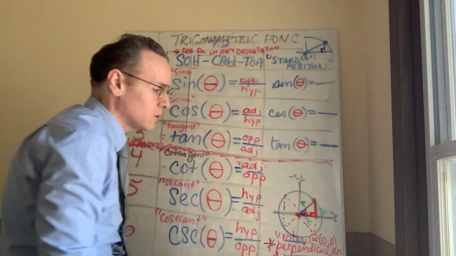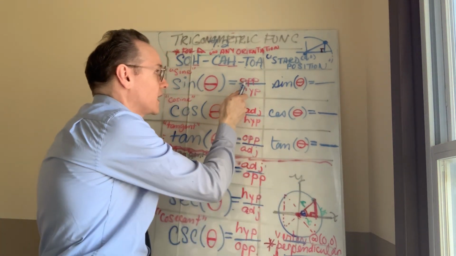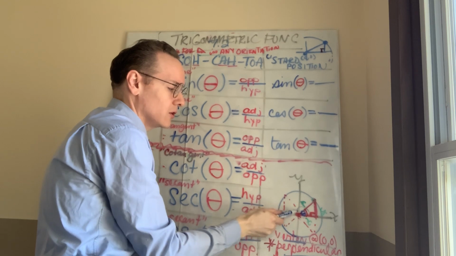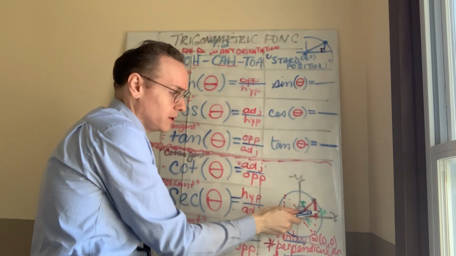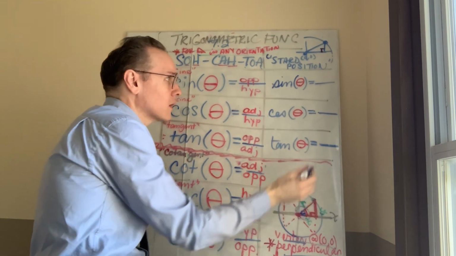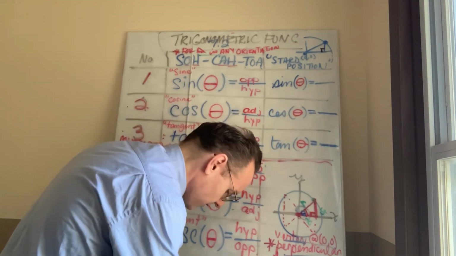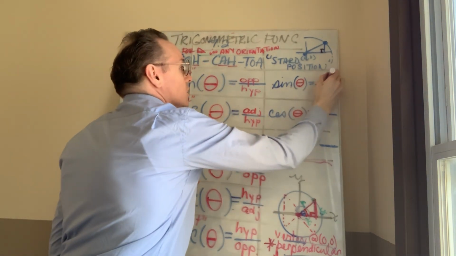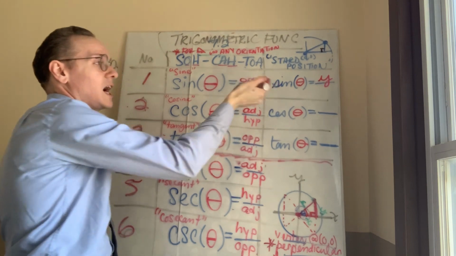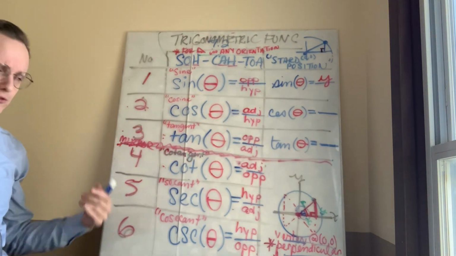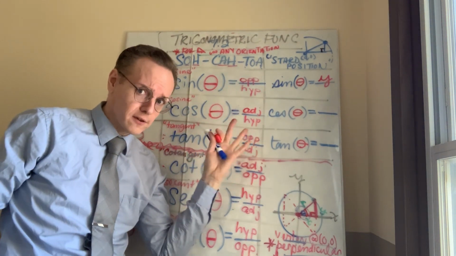What would technically be the side opposite the angle in this corner here would be a y value. So that is how you would write that in standard position. It would be referred to as y as opposed to opposite of the angle. It means the same, it's referring to the exact same place, just a different perspective.